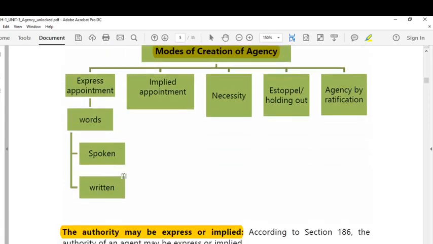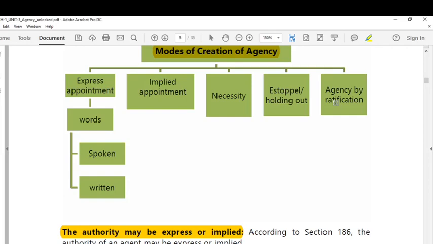So the first one is express appointment, then implied appointment of an agent, appointment of an agent by necessity, appointment of an agent by estoppel or by holding out, and agency by ratification at a later date of certain actions done by a person.